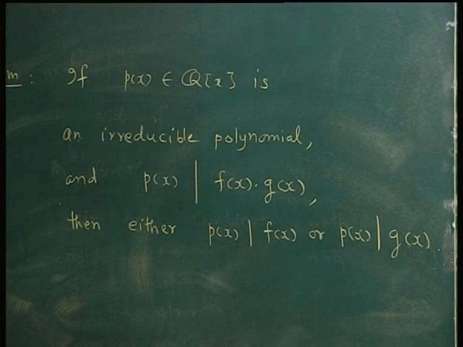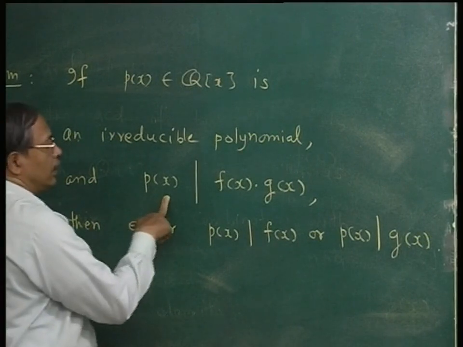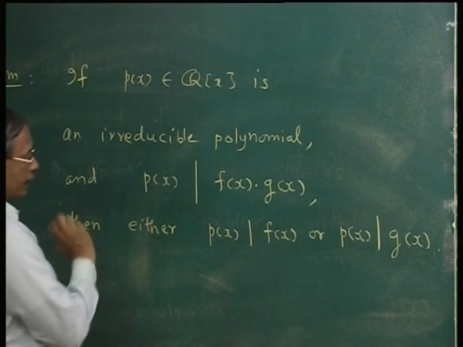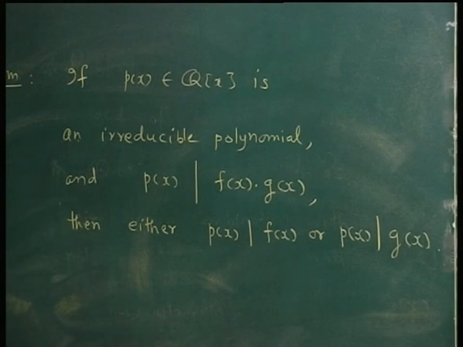This is the property of an irreducible polynomial. It is the property of a prime number. So it is called a prime polynomial sometimes.